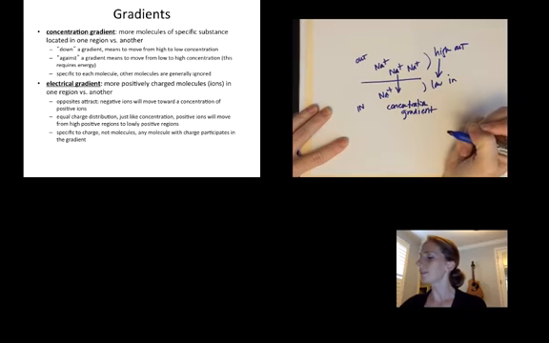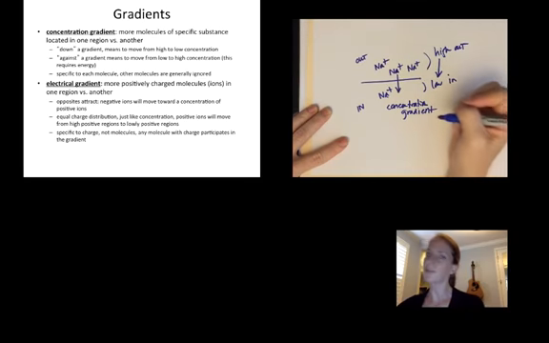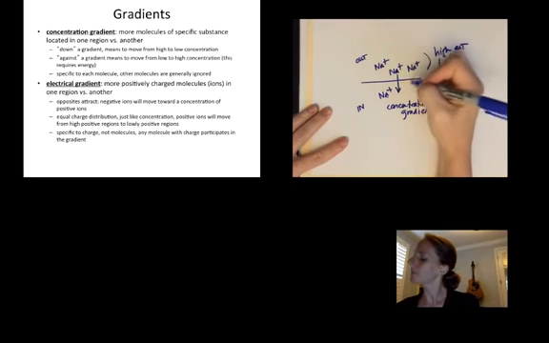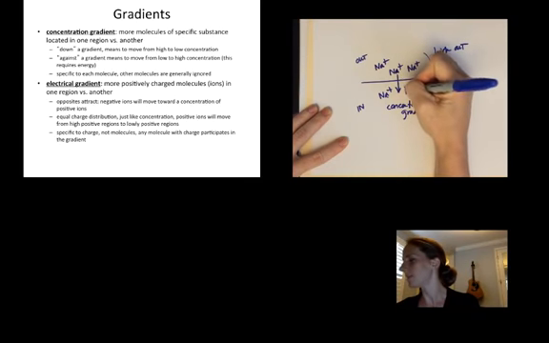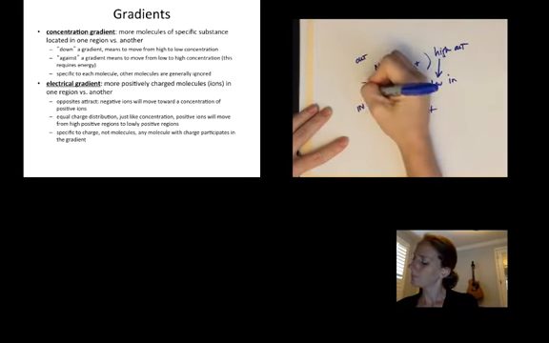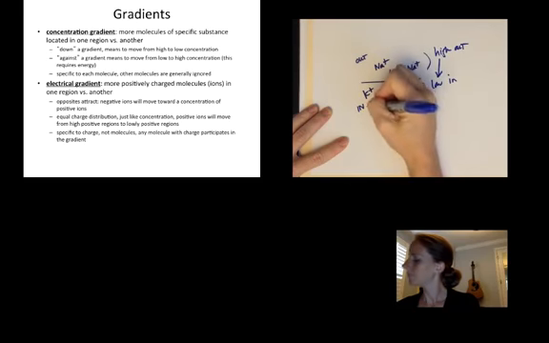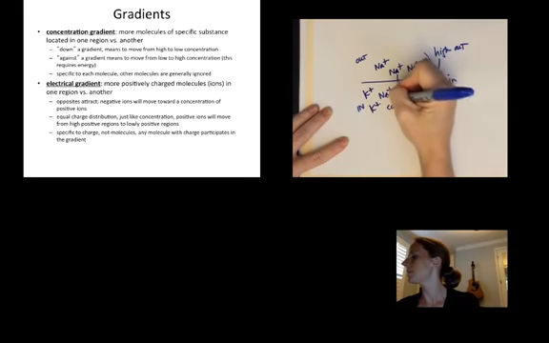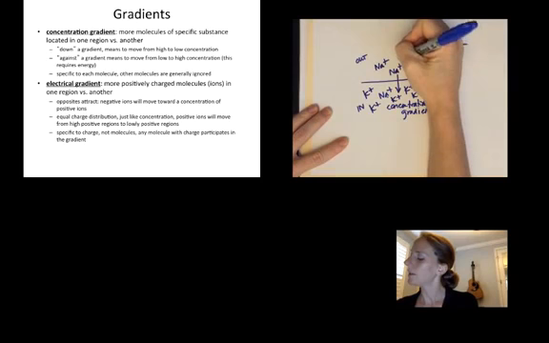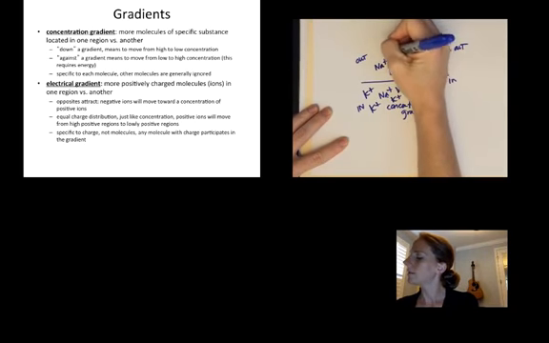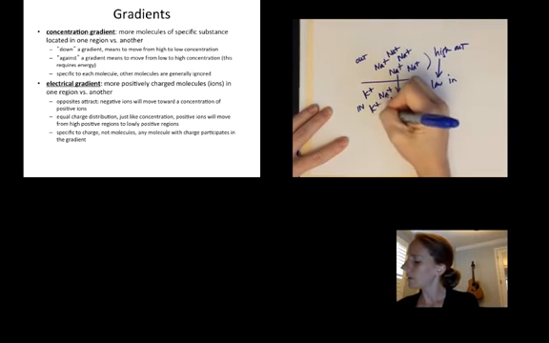Now, if we take the same example, but let's throw in some other molecules. Let's throw in, say, potassium. I'm going to put a ton of potassium inside the cell, and let's add a little bit more sodium outside the cell.